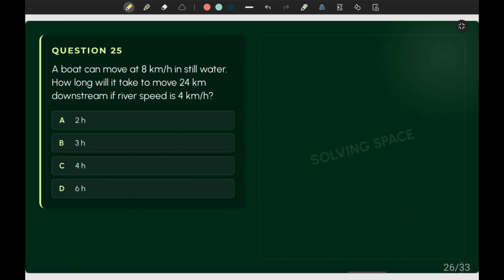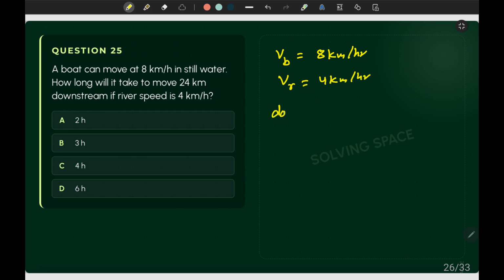Question number 25. A boat can move at 8 km per hour in still water. How long will it take to move 24 km downstream if the river speed is 4 km per hour? Velocity of the boat is 8 km per hour, velocity of the river is 4 km per hour.